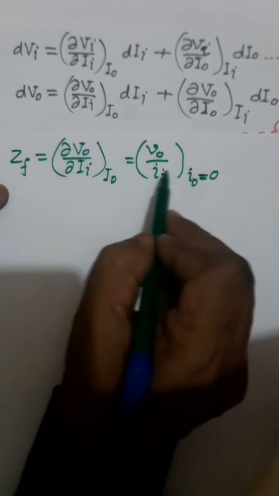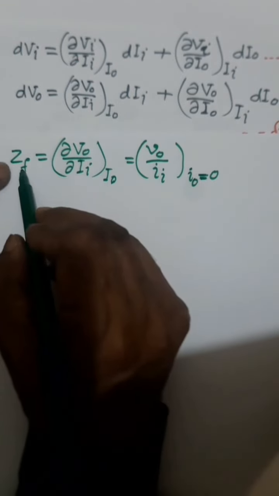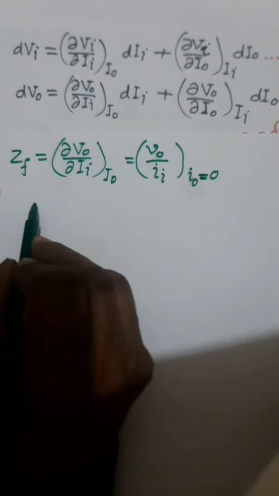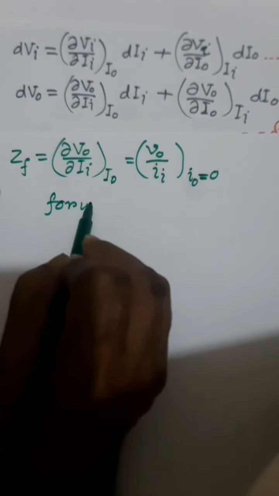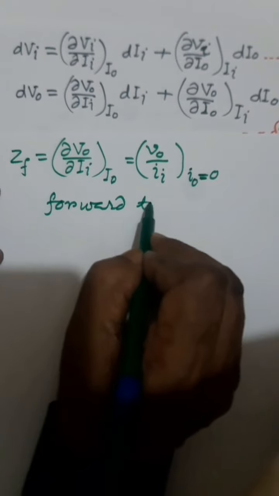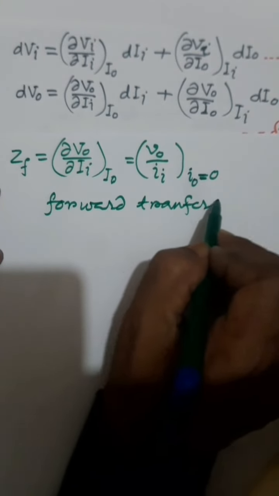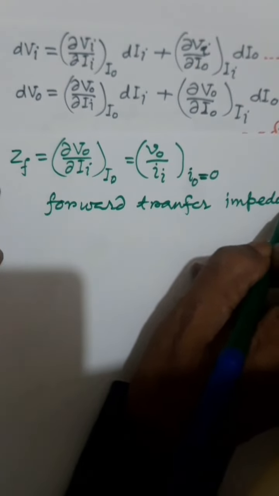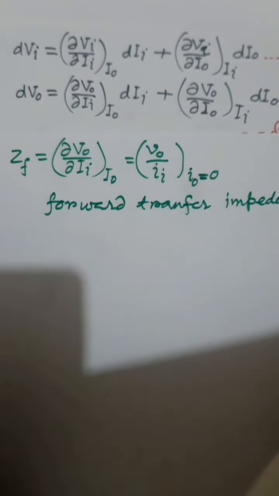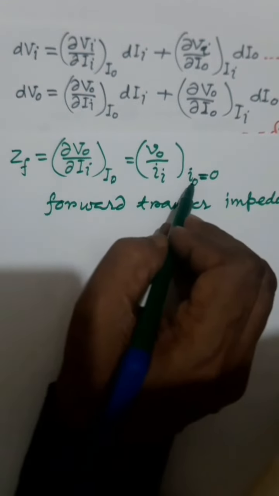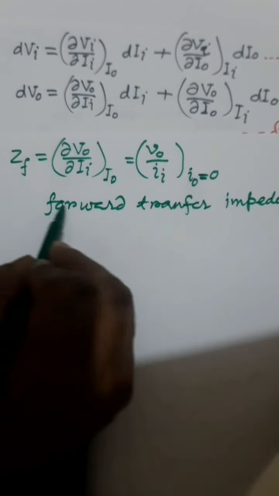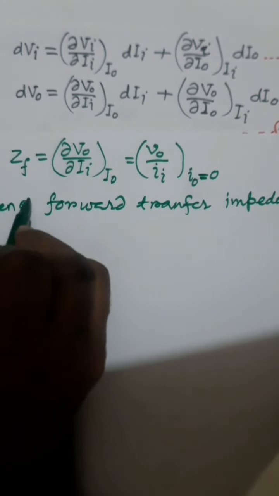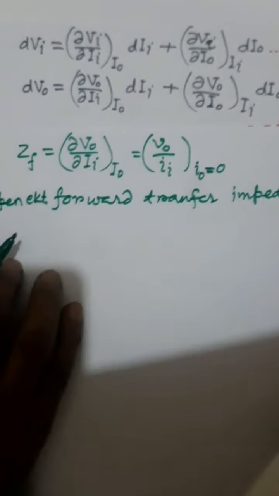So it is called forward transfer impedance. Zf is forward transfer impedance. Open circuit, as Io equals 0, open circuit forward transfer impedance.